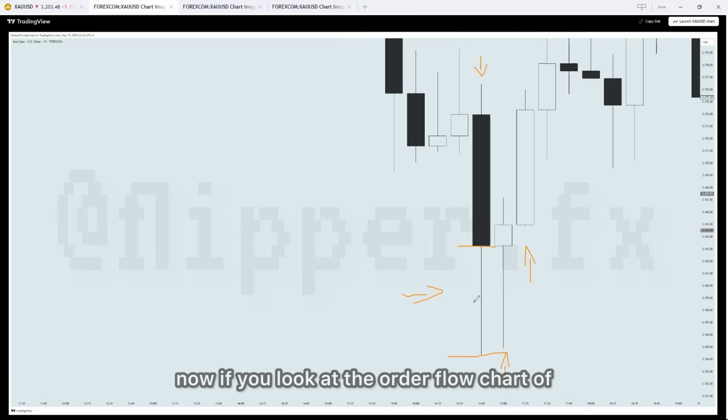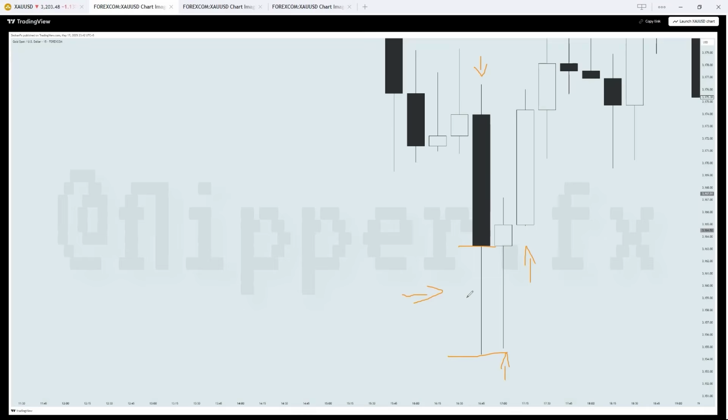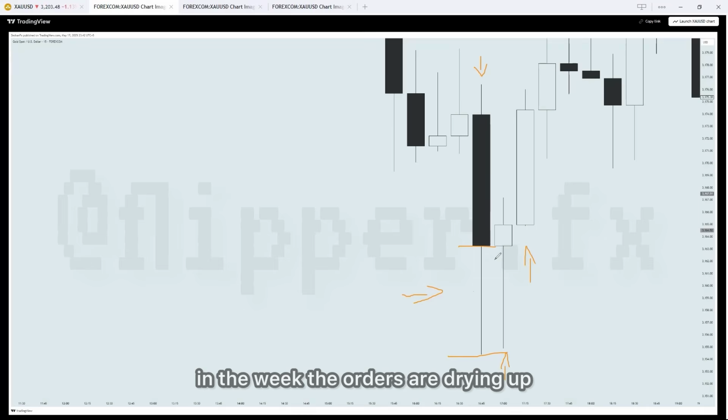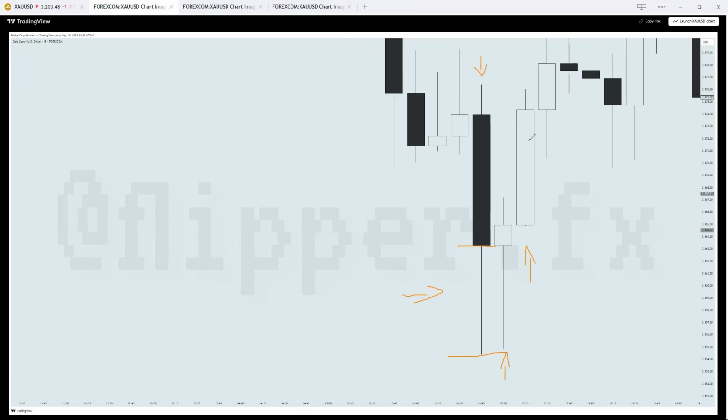If you look at the order flow chart of this same candle, you will see aggressive orders throughout the entire candle, and in this area, in the wick, the orders are drying up. Sellers are exiting, and after that, buyers are injecting and entering the market.